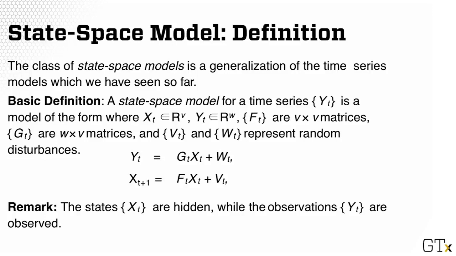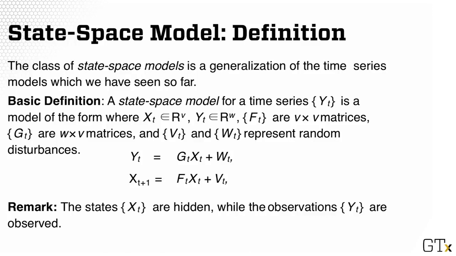The VAR model introduced in this course only can account for exogenous variables, which are measurable and observable. The state space model is an extension in that it can also account for hidden factors.